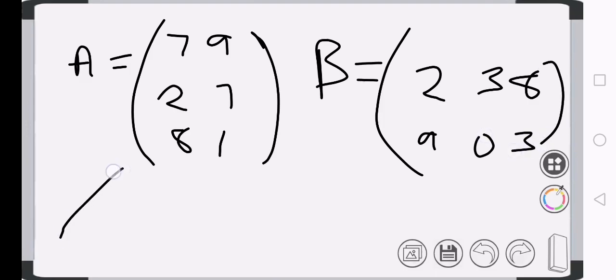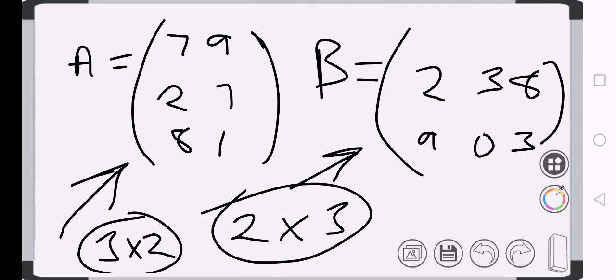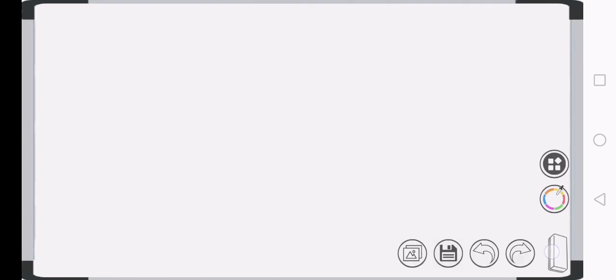If you identify this matrix, you will see that this matrix is a 3 by 2 matrix. If you identify this matrix, you can see that this is a 2 by 3 matrix. So since the dimensions differ, it means adding of these matrices is impossible. It cannot take place. You should always remember that.